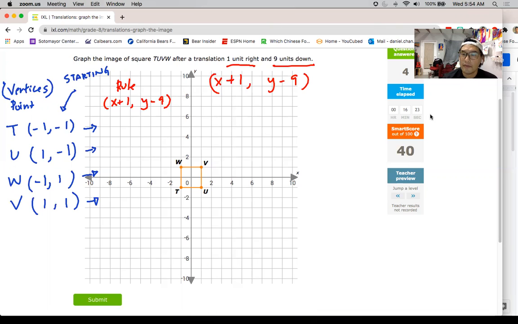So that's my rule. And here are my new coordinates. They're going to come up right here. So I'm going to go -1 plus 1, -1 minus 9.